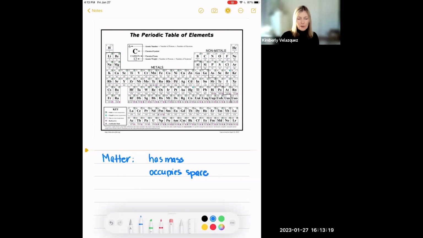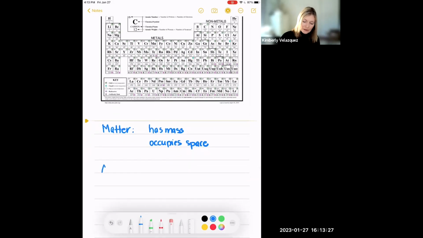But for this class, we're going to mostly start by talking about matter. We'll talk about energy in a future unit. And all matter is made up of atoms. Another term for this is comprised of atoms.